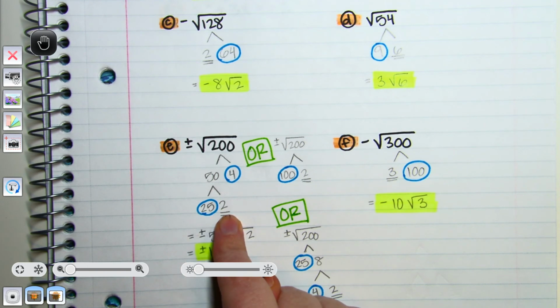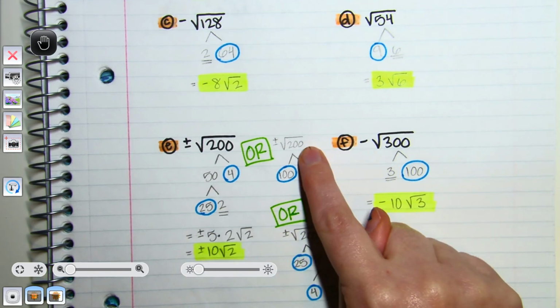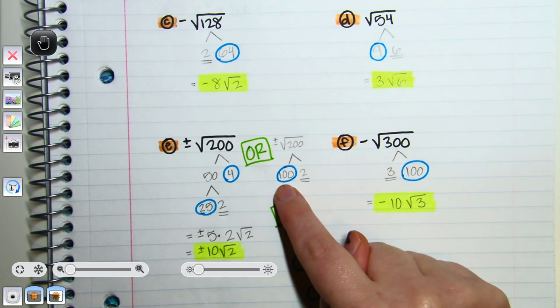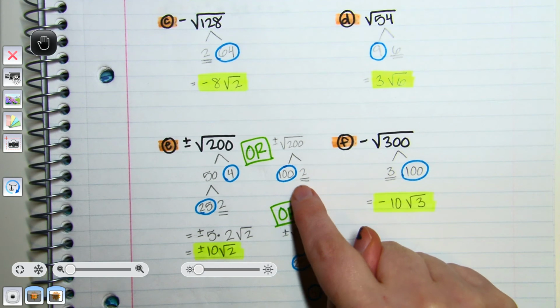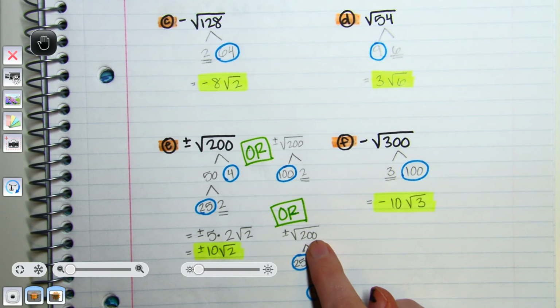Or for myself, when I look at this, I see 200 and go, okay, I know 100 goes in, and 100 is a perfect square. This is the one that I would have chosen to do. Or you may have looked at it and gone, okay, 200, I know 25 goes in, and 25 is a perfect square. But then it's 25 times 8, and 8 can be broken down further.